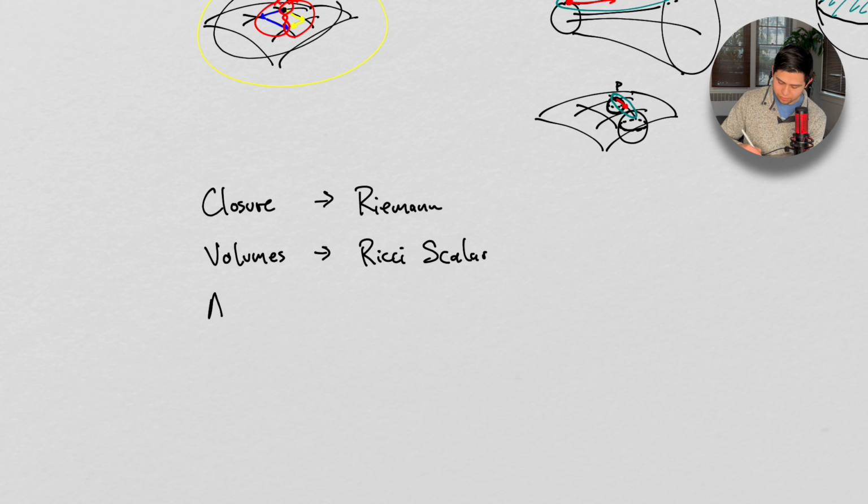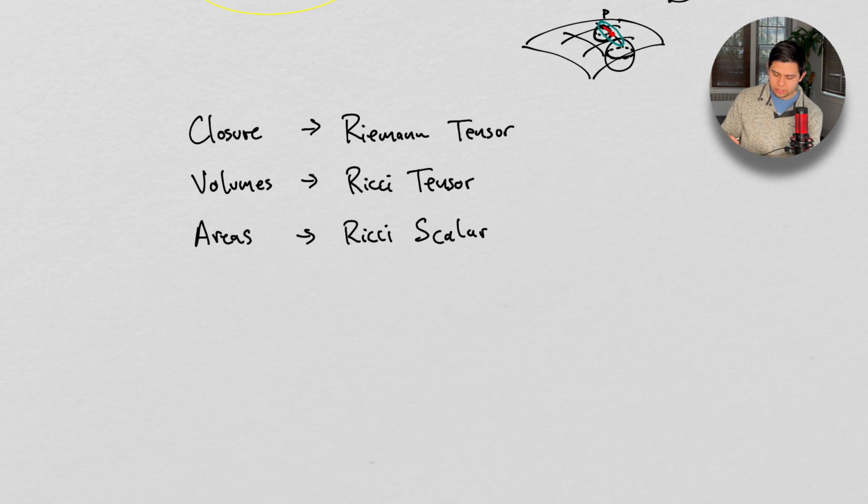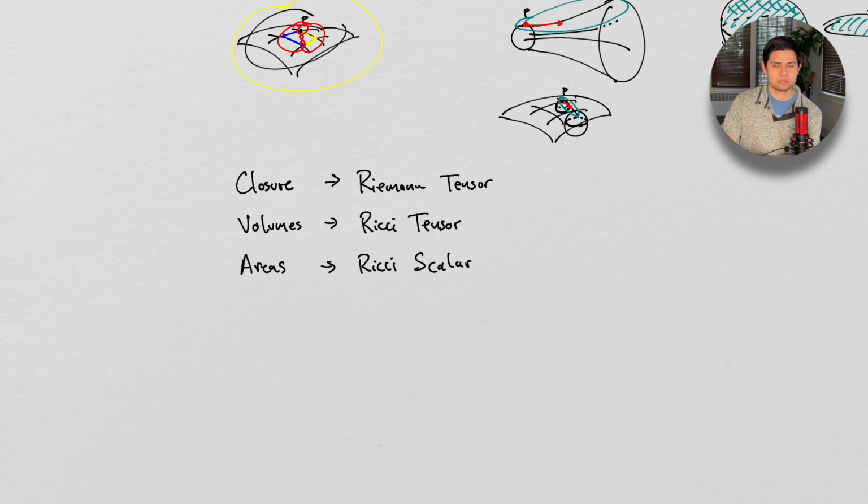And then there's going to be areas, and that's going to be explained to us by the Ricci scalar. This is a tensor, and this is a scalar. So at every point in space and time, we can calculate these guys.